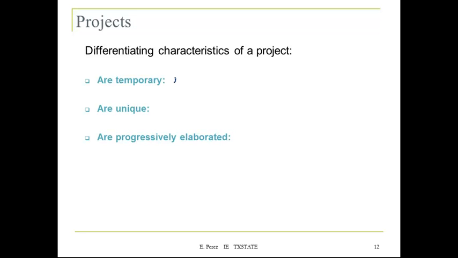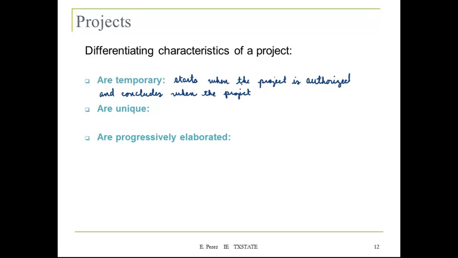So the project starts when the project is authorized and concludes when the project meets the requirements.